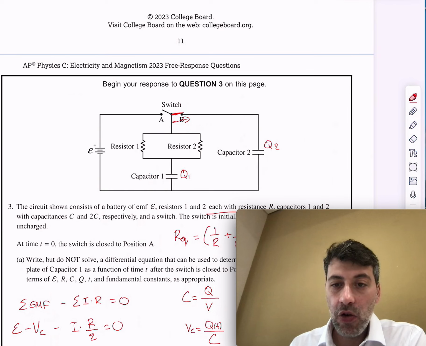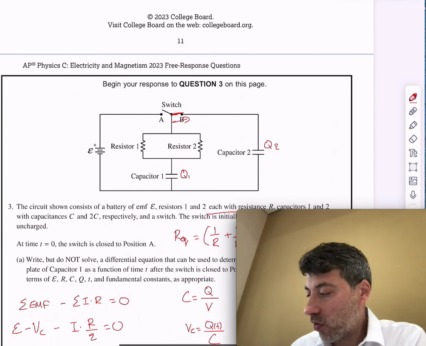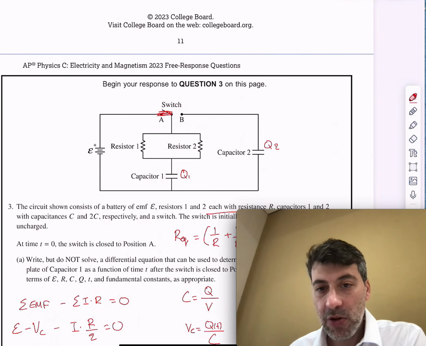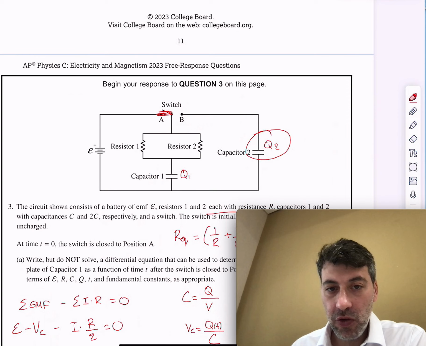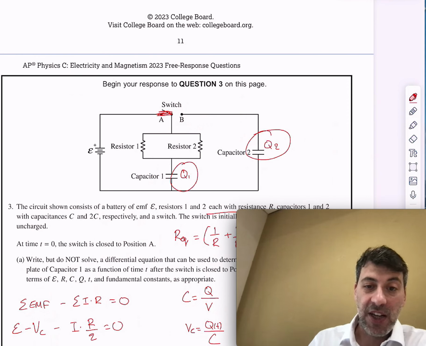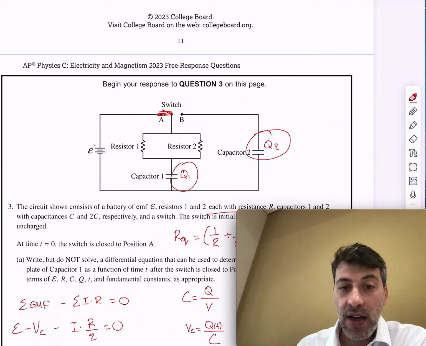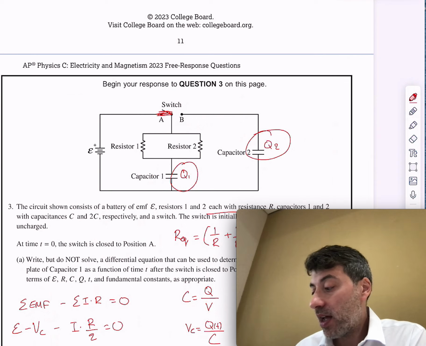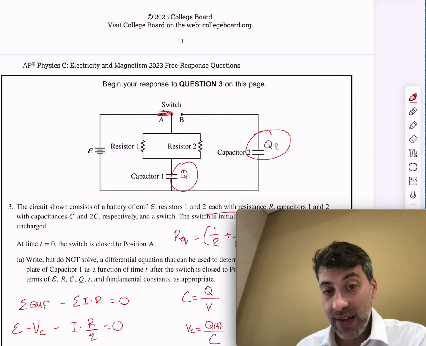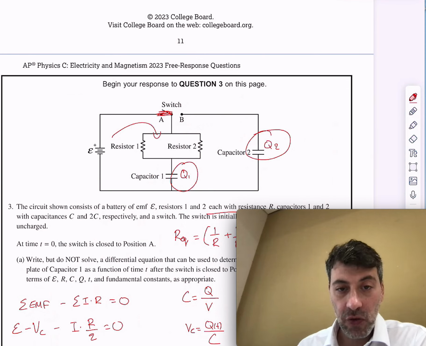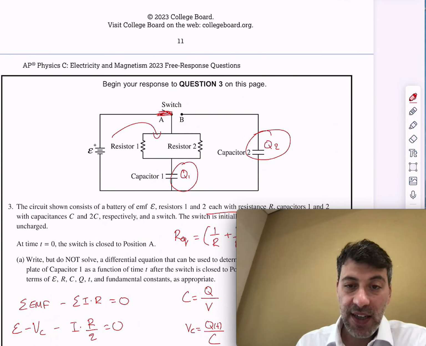So when we close the switch back to position A, we don't care about how much charge is on the capacitor 2, but we need to figure out how much charge is on the capacitor 1, because since the capacitor is not fully charged, the capacitor will start charging again, and so there will be some current through resistors 1 and 2 until the capacitor is fully charged, and the current will be 0.